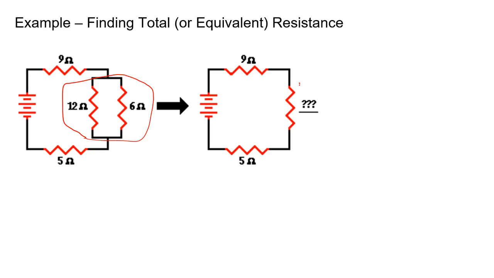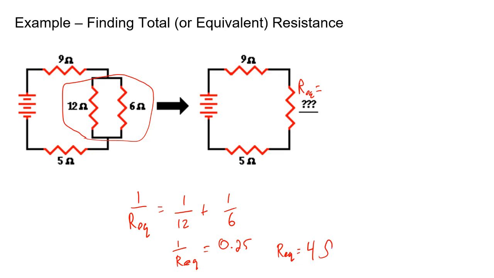So to find this equivalent resistor, we can use our parallel formula, which is 1 over 12 plus 1 over 6. Okay, and if I do the math on that, 1 over Req is then going to be 0.25, or R equivalent is 4 ohms.